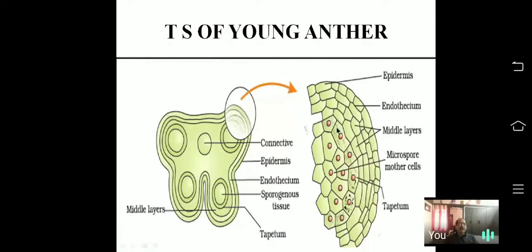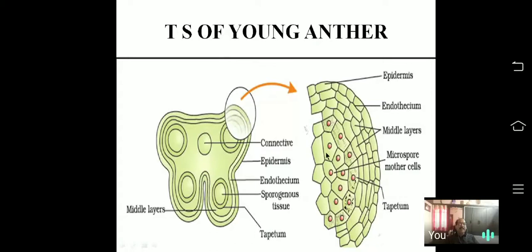These tapetum cells synthesize food materials. By that, it nourishes the pollen grains and provides food to the pollen grains.